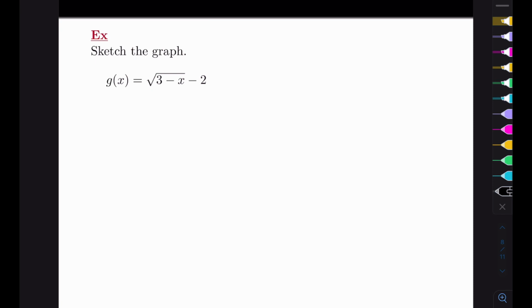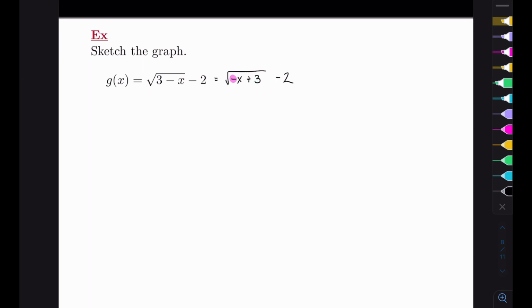We're going to sketch the graph of this function, which has a ton of transformations applied to it. So what I do want to do is rewrite this just a little bit. Let's write this as the square root of negative x plus 3, just because we're used to the squared x and then adding or subtracting something from there. So we've got 3 transformations here. We've got a minus sign attached to the x.